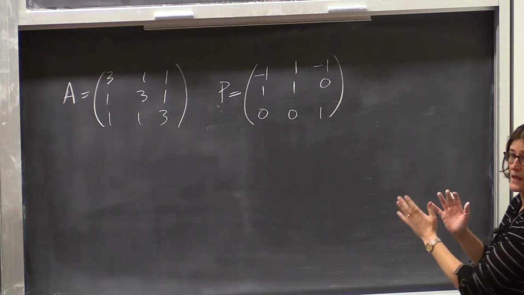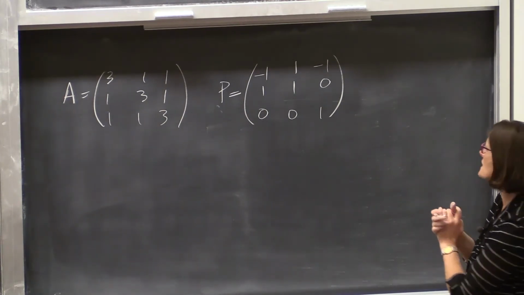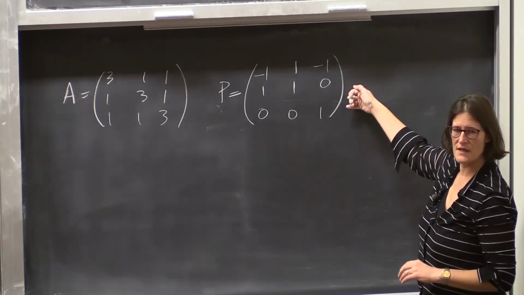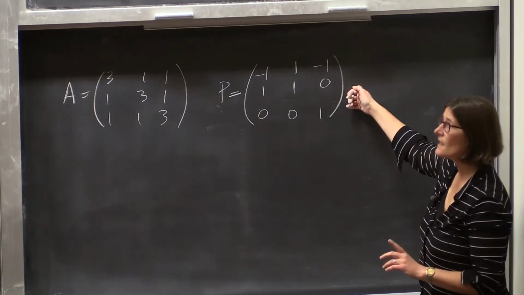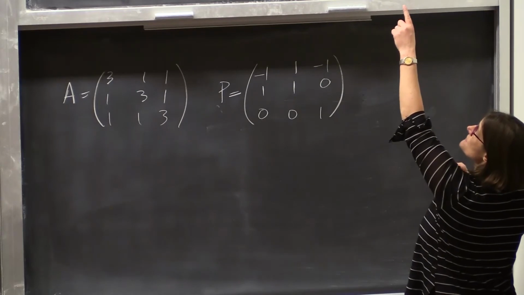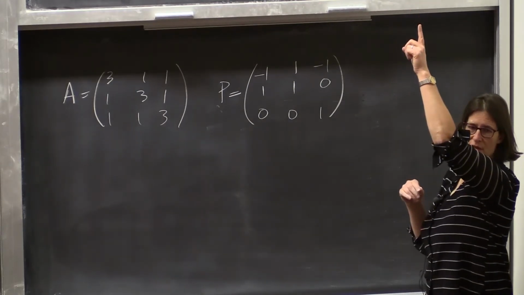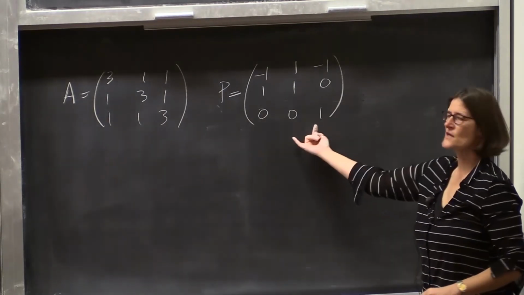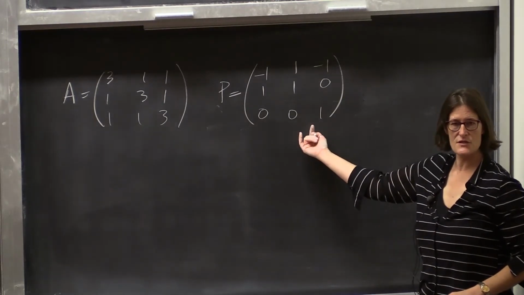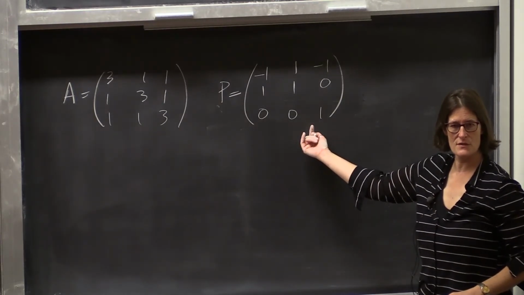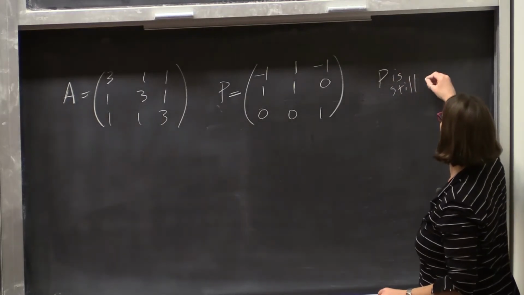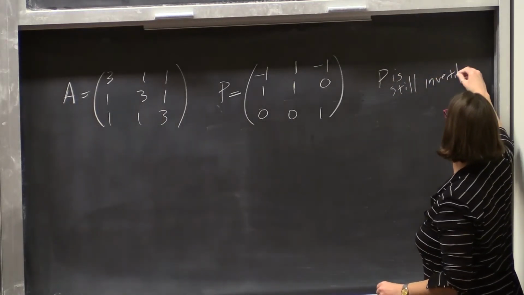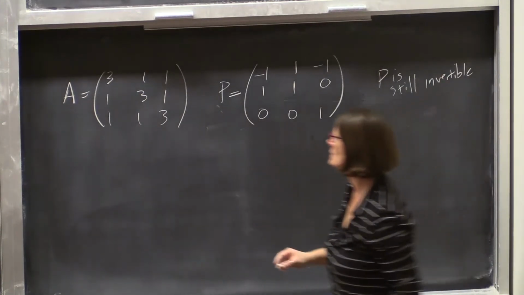I shuffled the columns. Is this matrix suddenly going to be non-invertible? No. Because if that matrix is invertible, its columns are linearly independent. Are these columns linearly independent? Does shuffling columns change linear independence? No. So this P is still invertible.